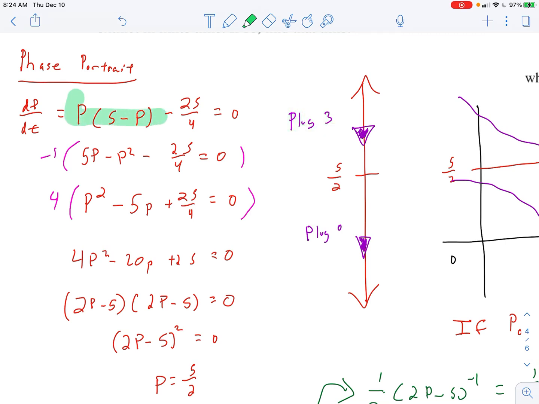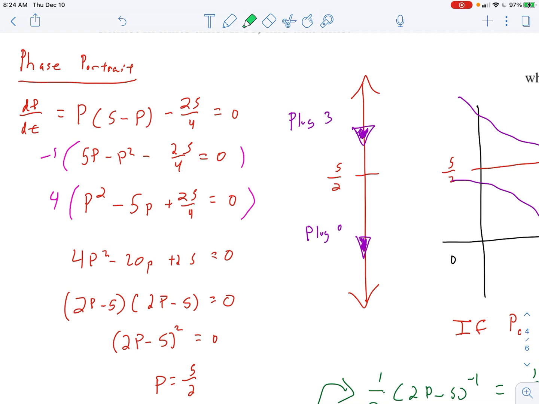When I plug 3 into the logistic equation, I get 3 times (5 minus 3), which is 2. That's 6. 6 minus 25 over 4 is going to be negative 1/4. So anything that is above 5 halves is going to be tending towards 5 halves. When I plug in anything below 5 halves, I can plug in 0, I could plug in 1, 2.